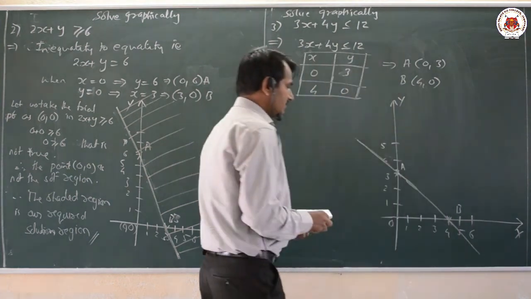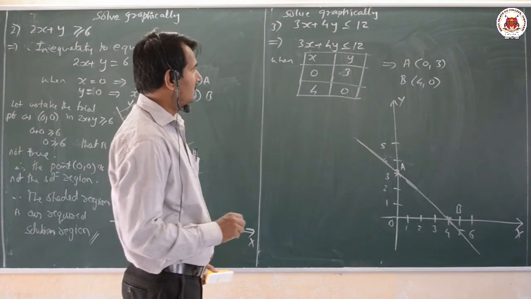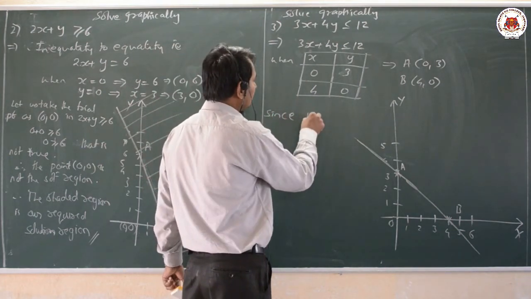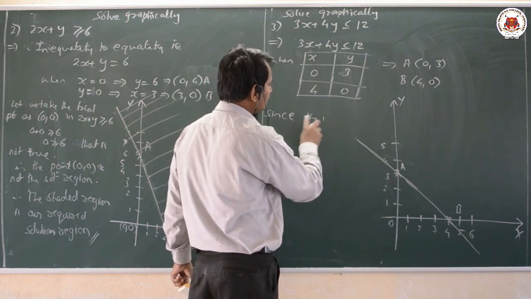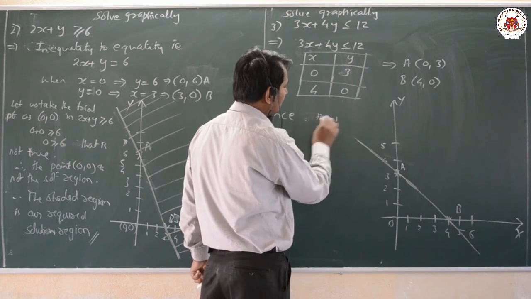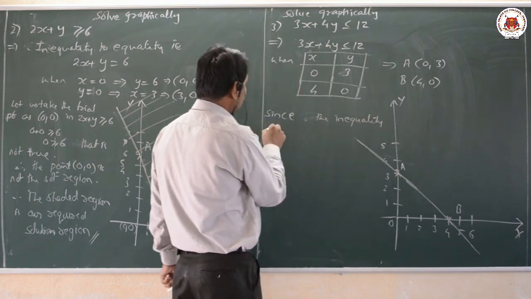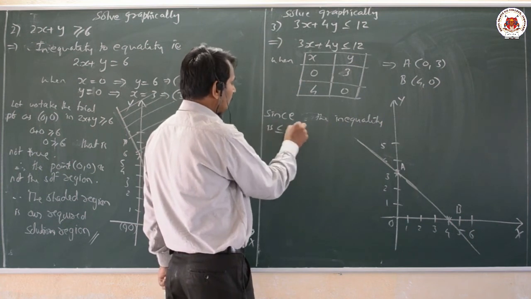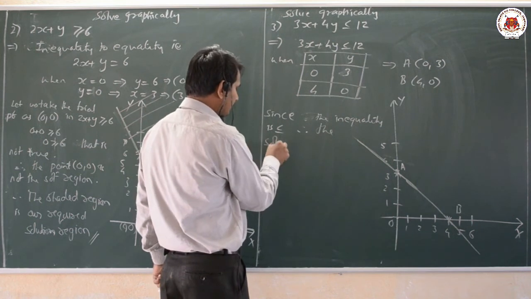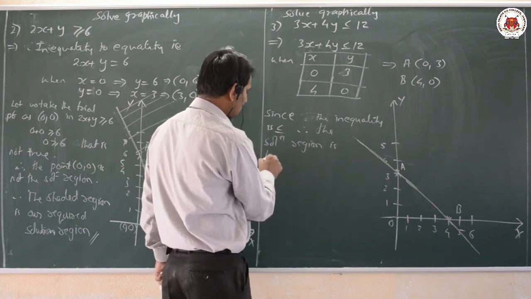The next step is finding out the solution region. Since the inequality is less than or equal to, therefore the solution region is towards the origin.